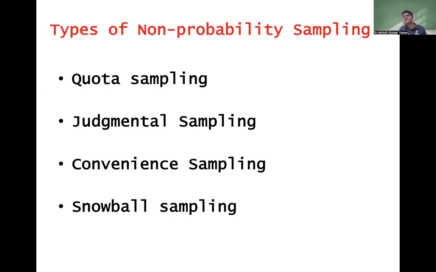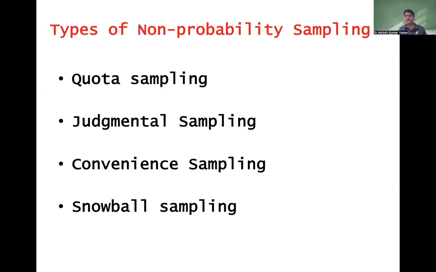The third one is convenience sampling, as the name suggests, based on convenience. Okay, so if I have to conduct a study and I have a limited time frame, for example, for thesis work, and suppose someone is saying that you have to cover a population which has a very large geographical region, it may not be possible to cover the entire population in that fixed time interval.